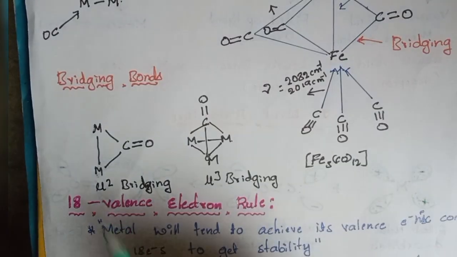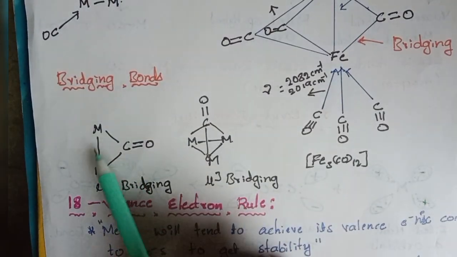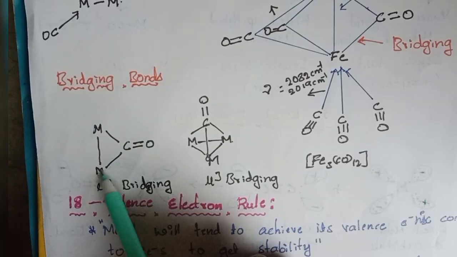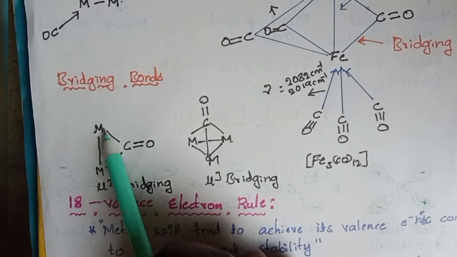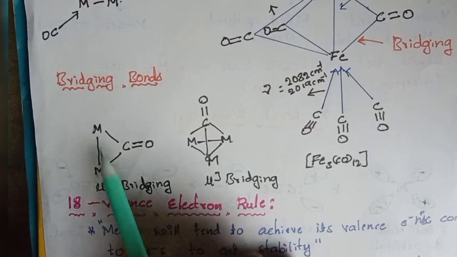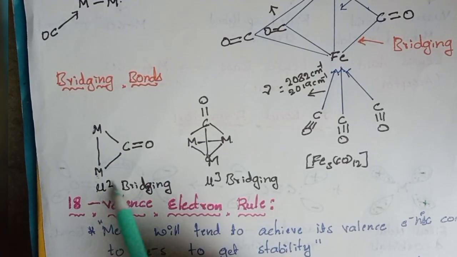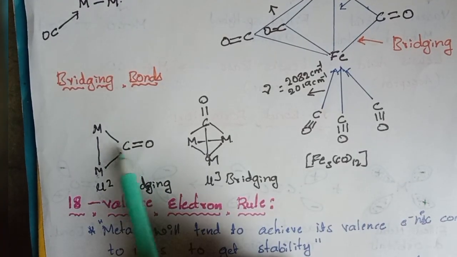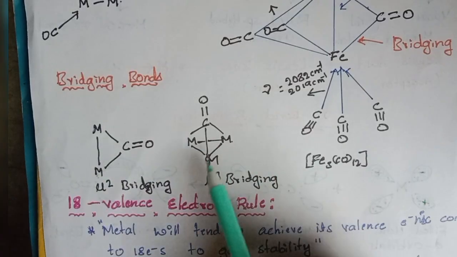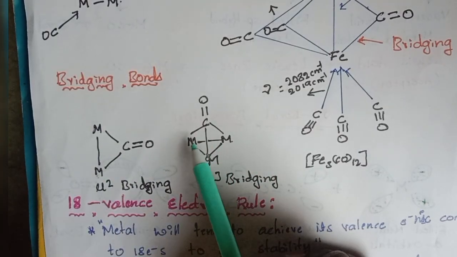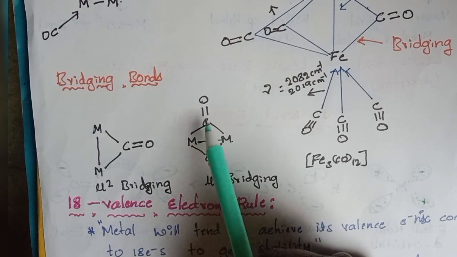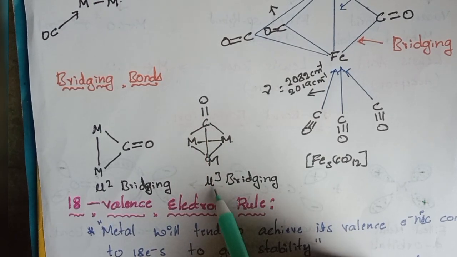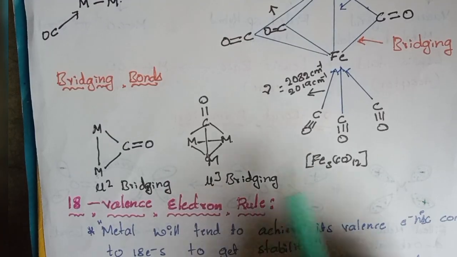If the carbonyl is placed between two metal ions, acting as a bridge between them, this bond is called mu2 bridging. If the carbonyl is attached with three metal ions, 1, 2, 3, this bonding is called a mu3 bridging bond.